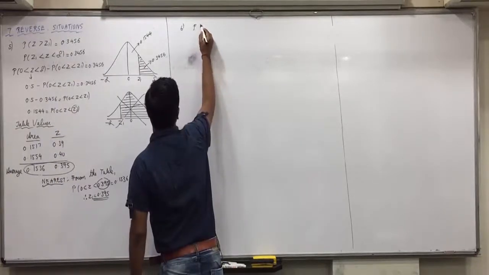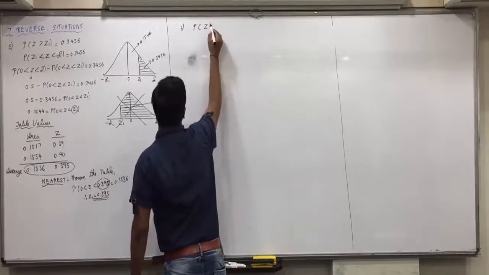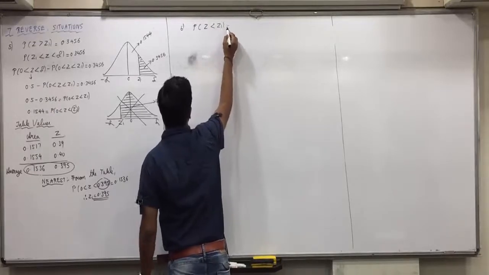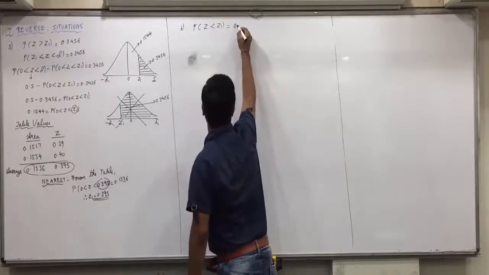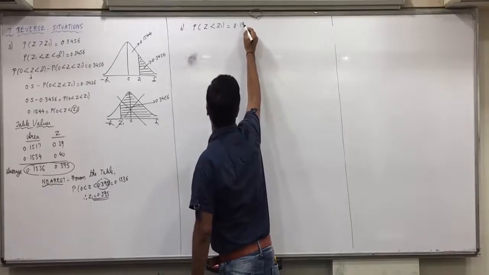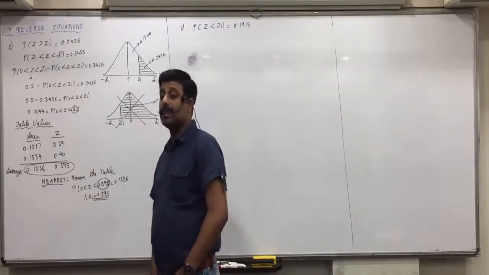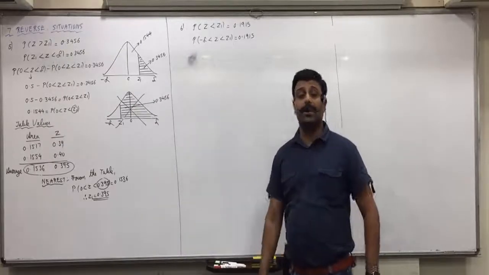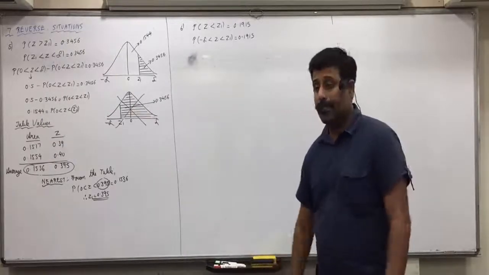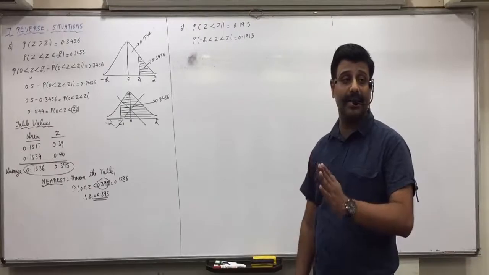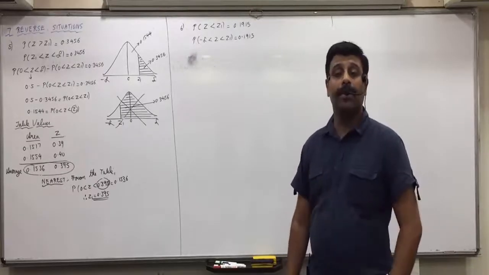P of Z less than Z1 equals 0.1915. Now, first of all, Tejaswini, how can we re-express this? Less than Z1 means it goes from minus infinity. So minus infinity to Z1.